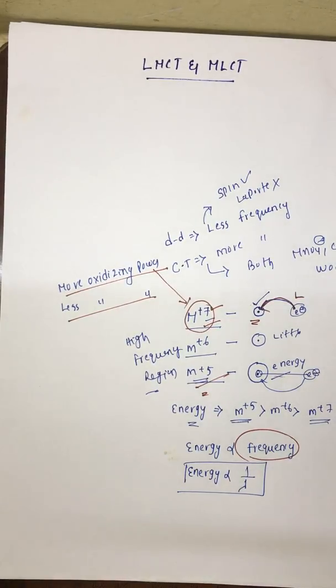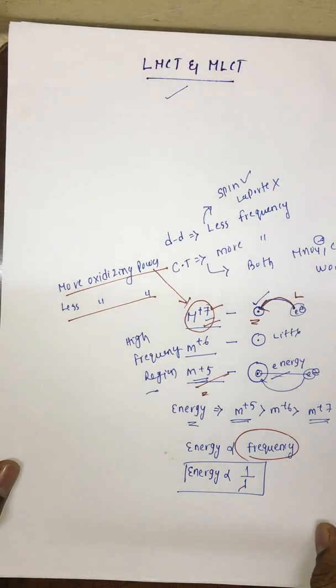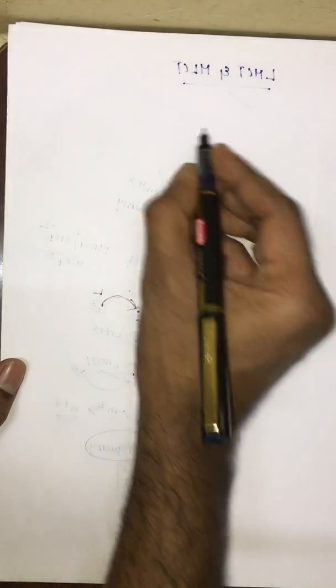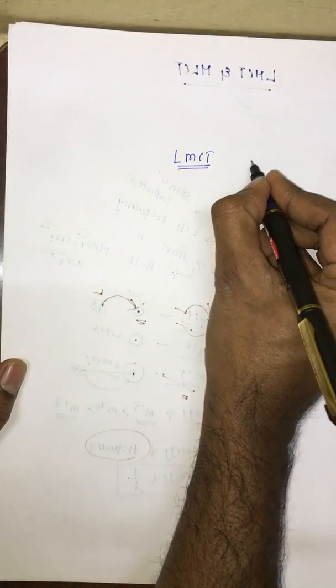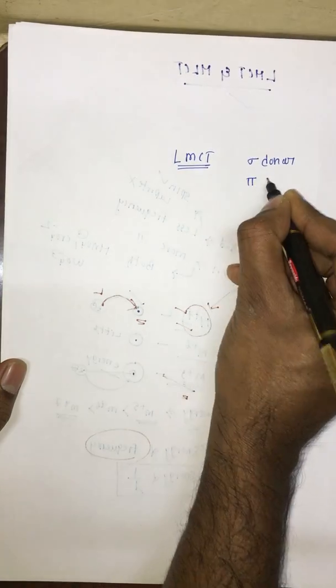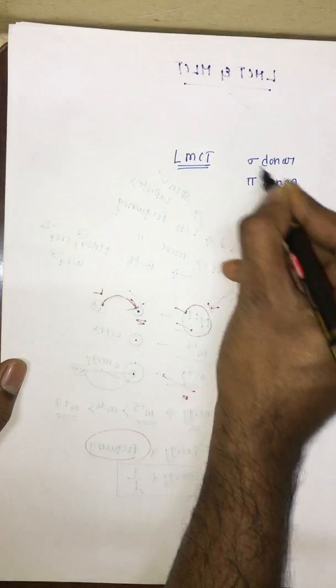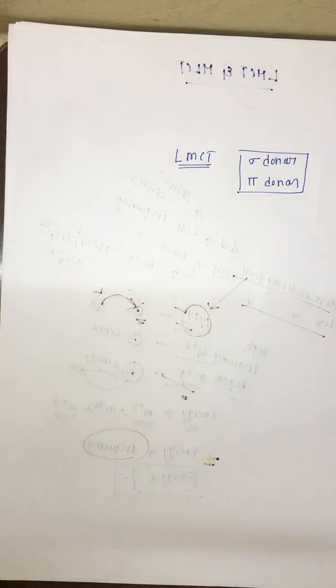And now we'll go for LMCT charge transfer spectra. Mostly we have sigma donors and pi donors. These two show this kind of LMCT.